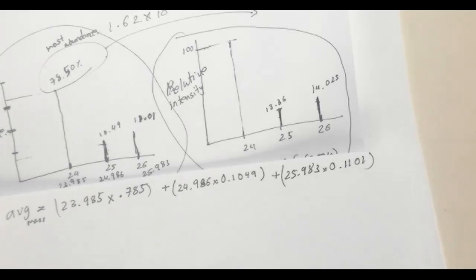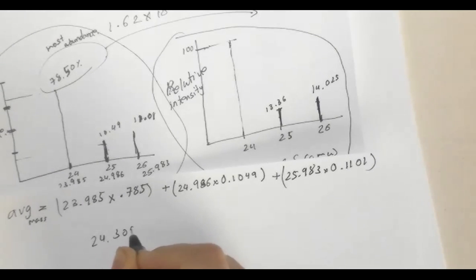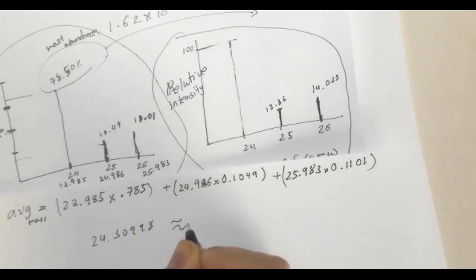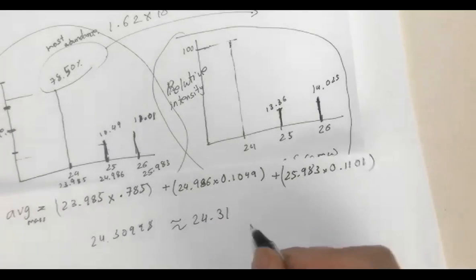Anyone has the answers? 0.785, 24.986. So that would be 24.30998, so pretty much 24.31.